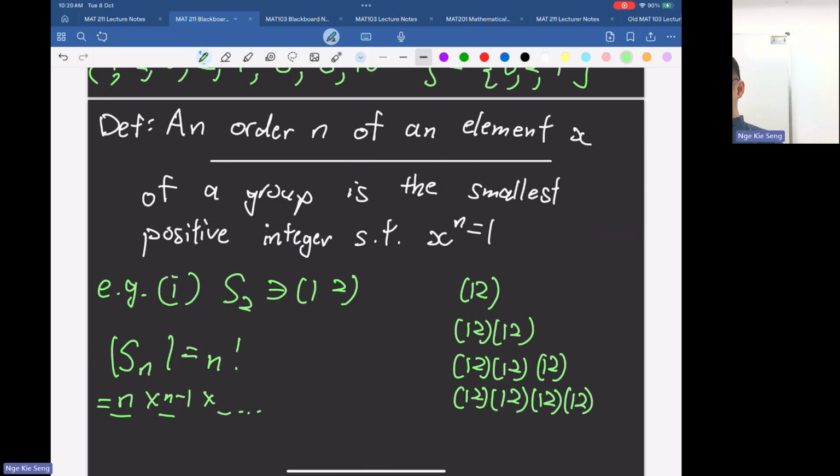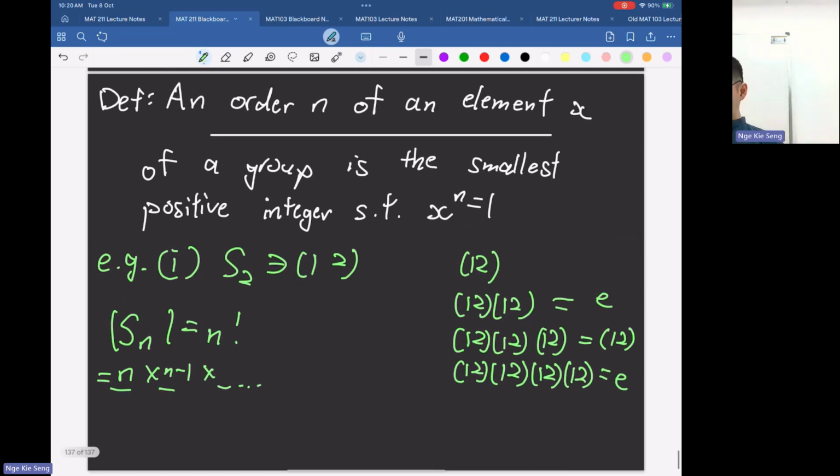So (1 2) is just (1 2), but (1 2) composed with (1 2) is identity. (1 2)(1 2)(1 2) is what? It is (1 2). And (1 2) four times is what? Identity again. So you can check that (1 2) to an even power will be identity. So what's the order of (1 2) in this case?